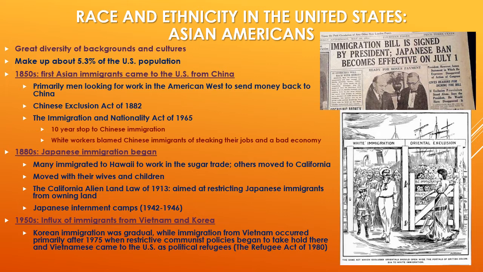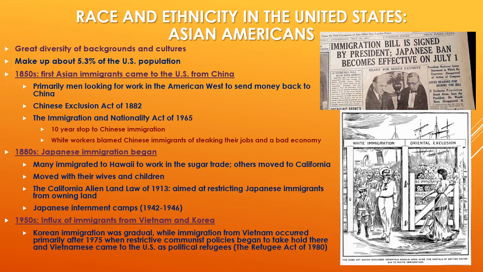In 1913, the California Alien Land Law was passed, and this restricted Japanese immigrants from ownership and long-term leases of agricultural land. From 1942 to 1946, Japanese Americans were forcefully transported and relocated to internment camps due to World War II concerns that some of the Japanese American population were spies for Japan.